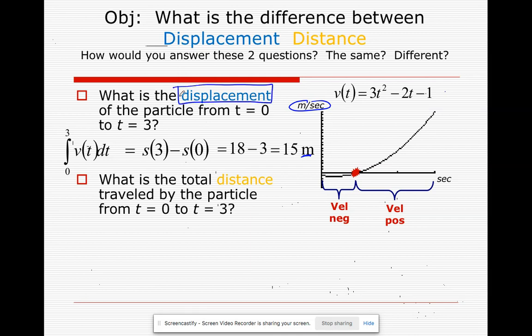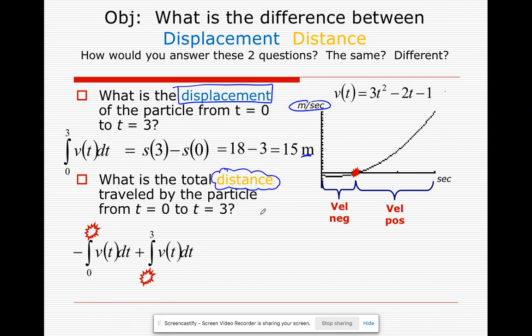Didn't care. But I am now going to ask you about distance. Distance means I need to know how many steps I actually took. If my function was all the way above the x-axis, my displacement and my distance would be the same. But I know without a calculator, 3t squared minus 2t minus 1 is under the x-axis on this interval for part of the way.